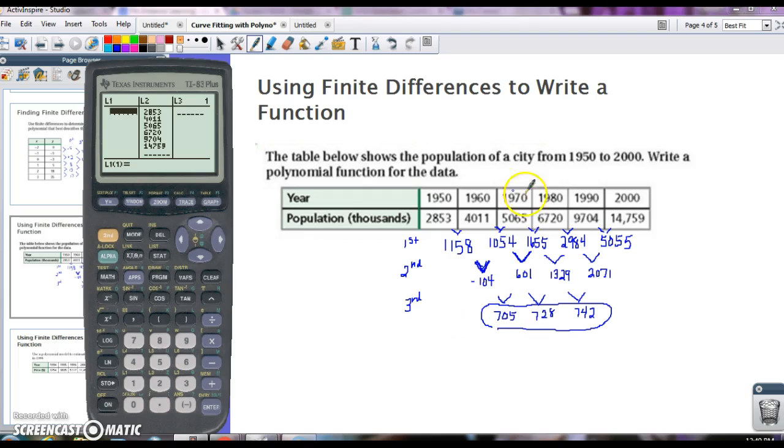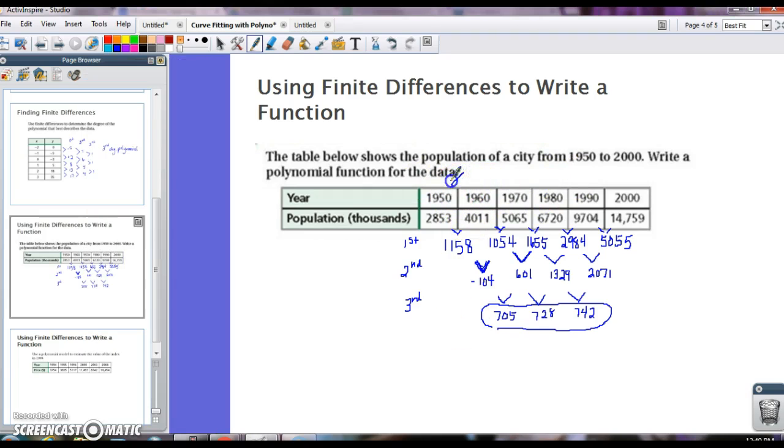When you're dealing with years, or pretty much anything for that matter, you want to call this first one 0. And because these increase, this one is 10 away from that, then this one is 20 away from that, then this is 30, then this is 40, and then this is 50. So those are the values you're going to put in your X column. Think about a scatter plot.